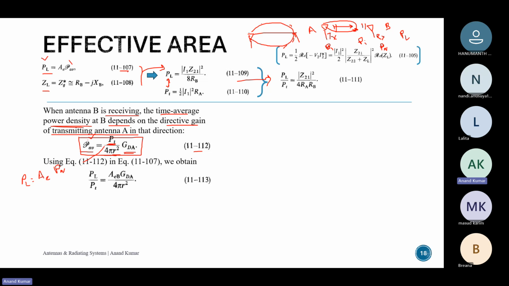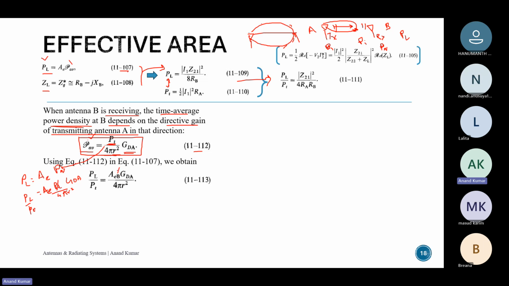And now substituting this over here, we have AE into PT G dA upon 4 pi r square. Now removing this PT from here to here, we have PL over PT is equal to AE G dA.